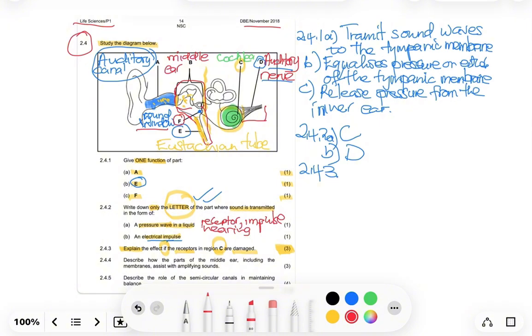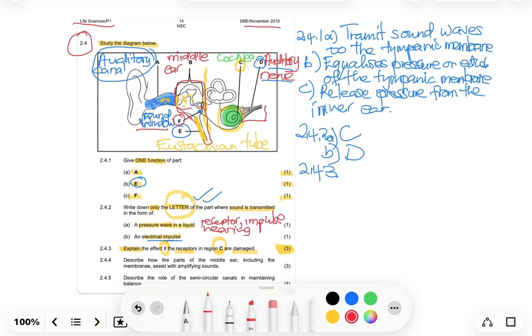Now to answer this question, number one, we need to know the receptor that is located in region C. And we also need to know the function of that receptor. Then when we know the receptor and its function, and we are told that now this receptor is damaged, it tells us that if this receptor is not functioning, its function will not be there.